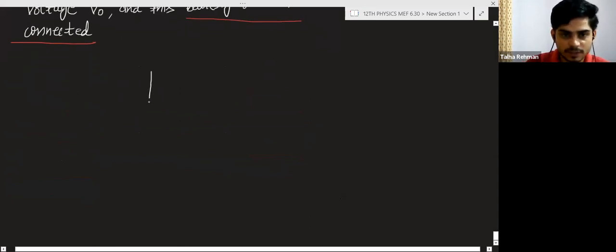So here is a capacitor, and this capacitor is now connected with a battery of V naught volt.